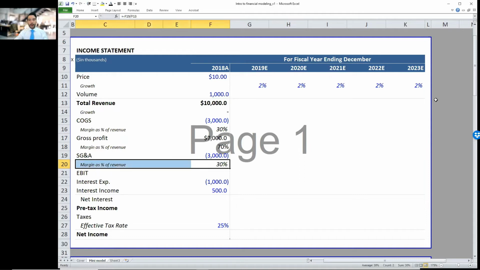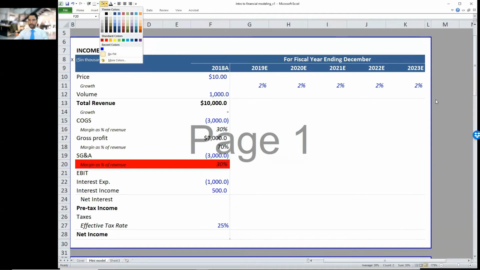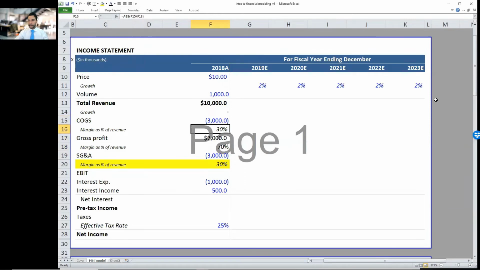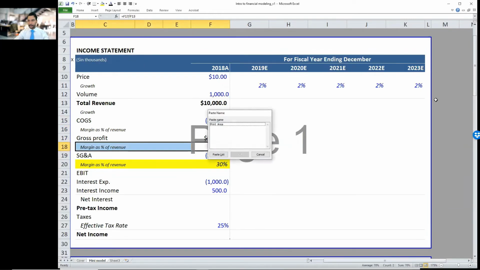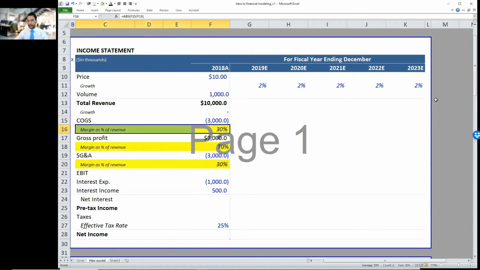Now, what do these margins numbers mean, or what do they represent? Right? Let me highlight them for you. Here we go. Okay. Gross profit margin and cost of goods sold.